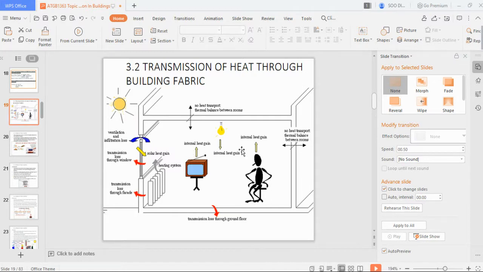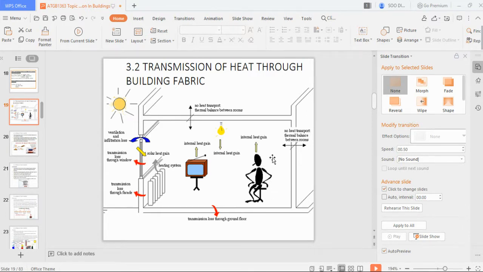So heat will be lost from inside the room to the outside. To ensure a comfortable environment, we want the room we are occupying to be enclosed and the heating system on. With the heating system on, we will be generating heat inside this room so that we'll be comfortable.